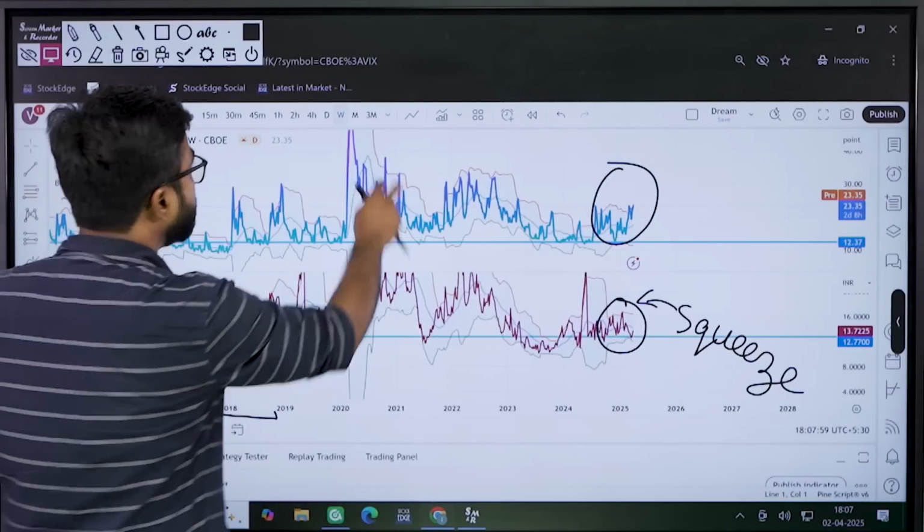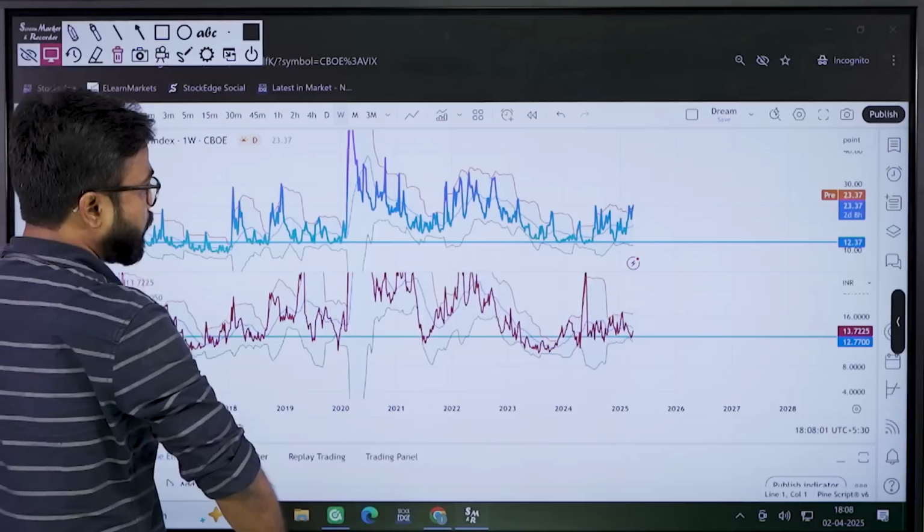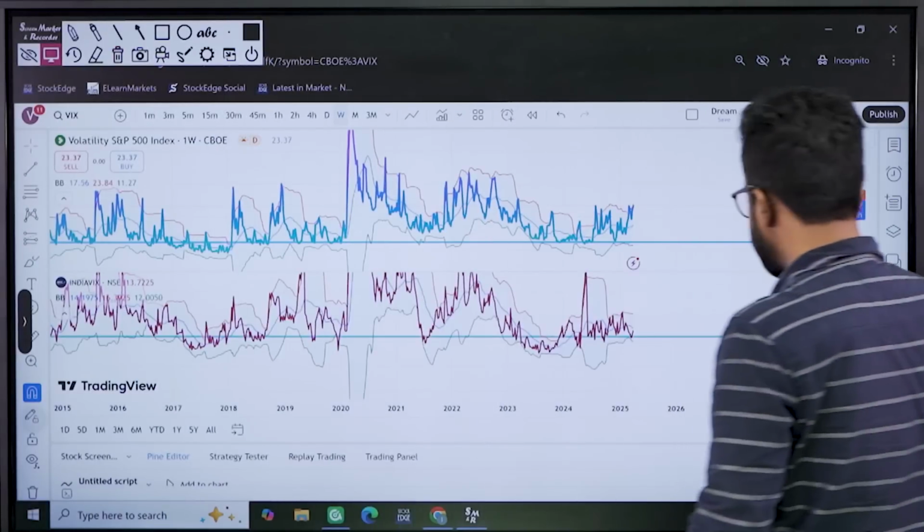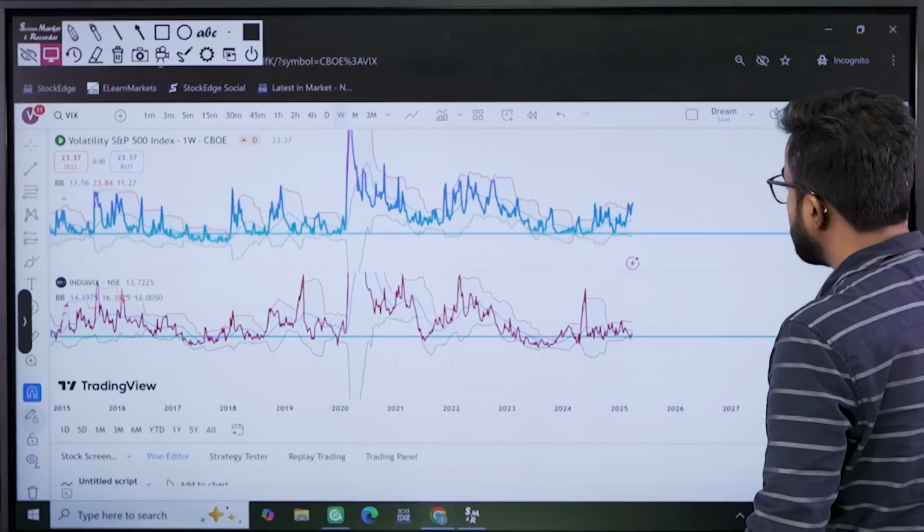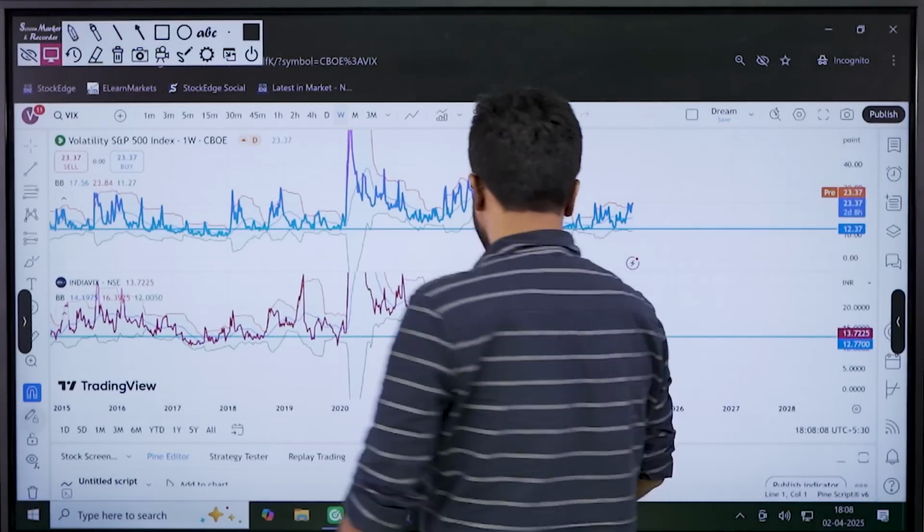Now I'm going to the weekly chart of India VIX and US VIX.